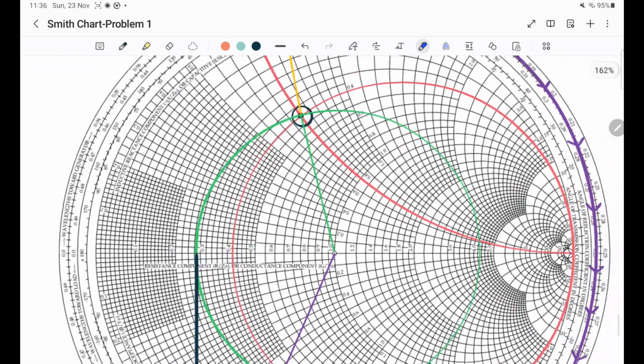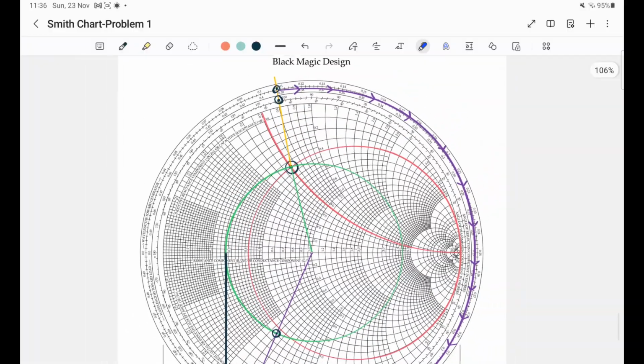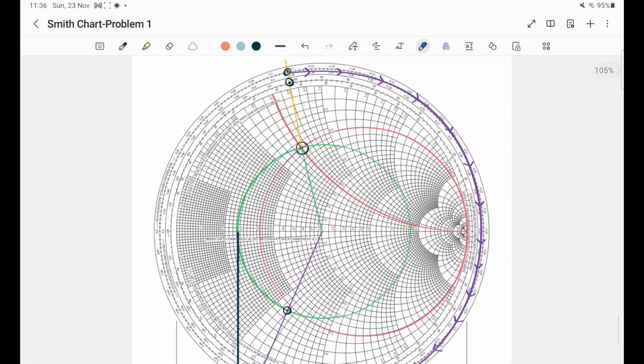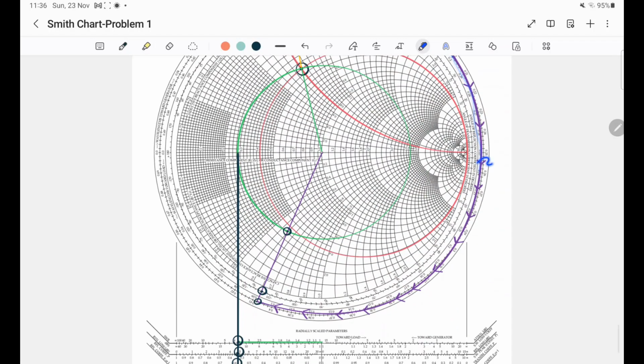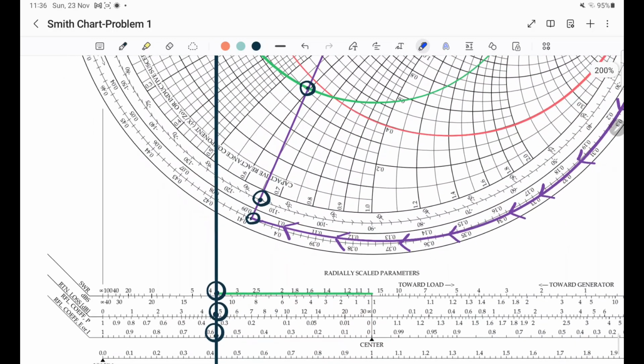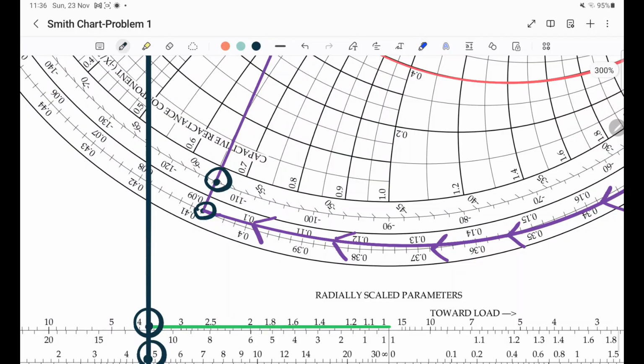For that I have already done it for you. So this was the point of 0.108 lambda. From this point you have moved in the clockwise direction like this, and you have moved a distance of 0.3 lambda, so that you have reached a point of 0.408 lambda.